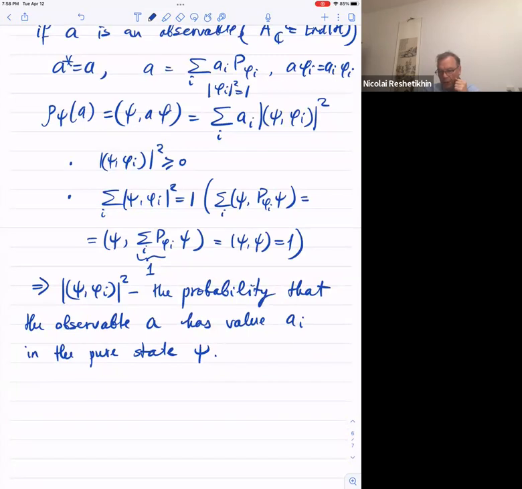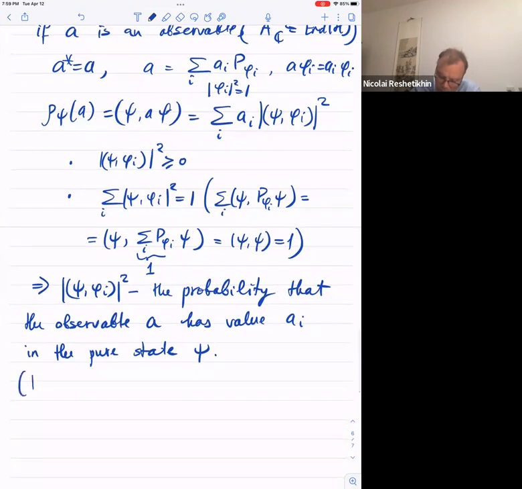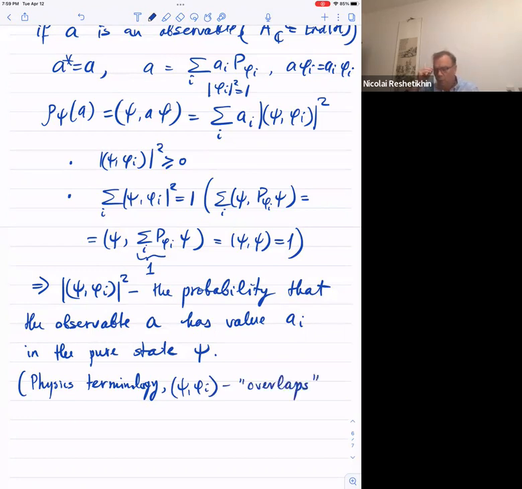In physics terminology, the scalar products of psi and phi are called overlaps. Why are they called overlaps?